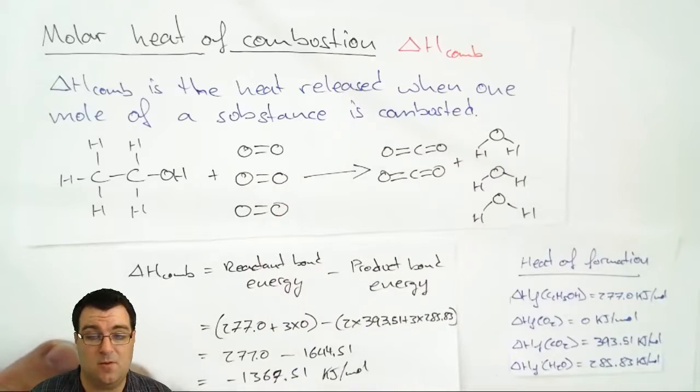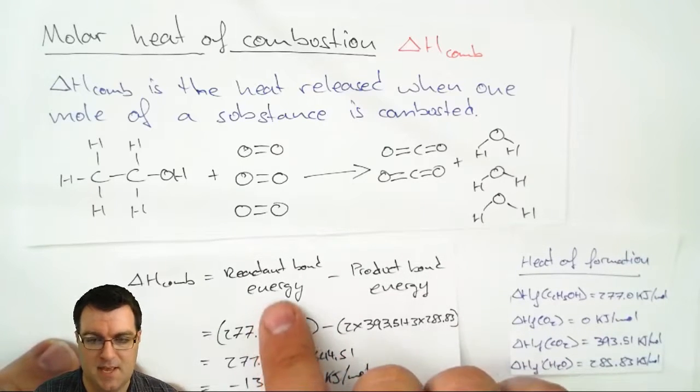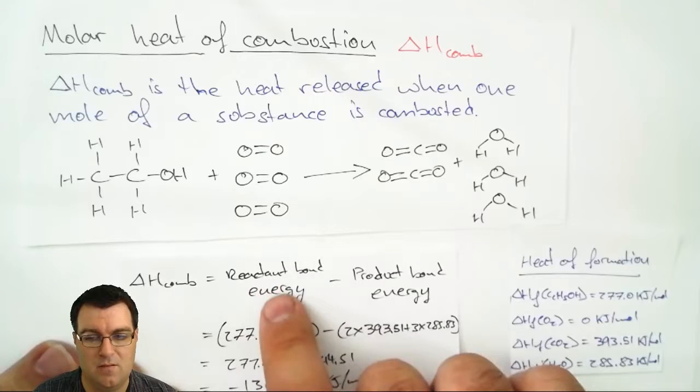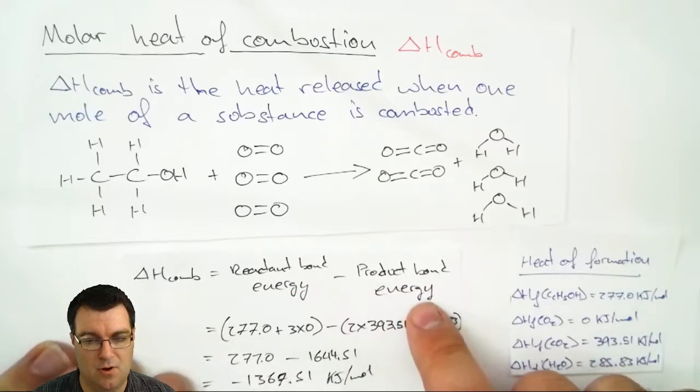What we can do is find out the molar heat of combustion. That's the amount of energy released when combustion occurs for ethanol, and that's simply by taking the total bond energy of the reactants and subtracting the total bond energy of the products.